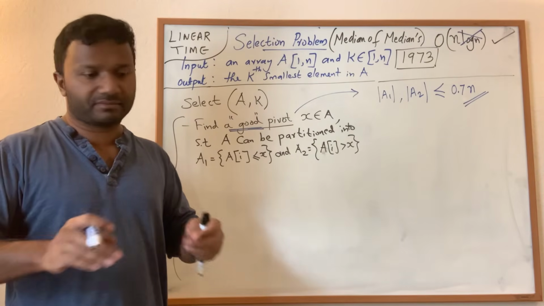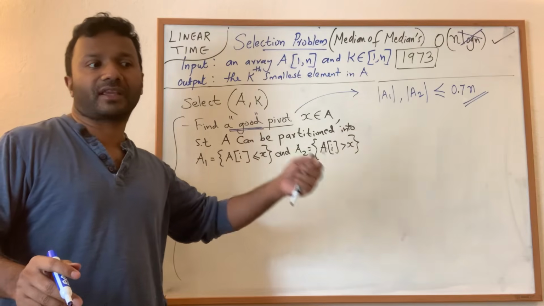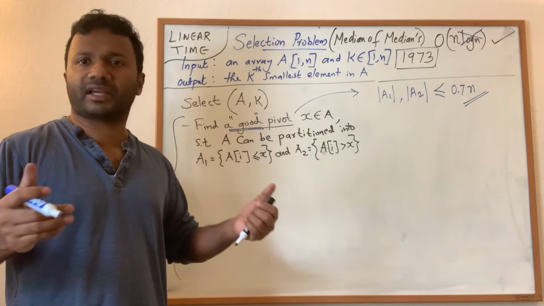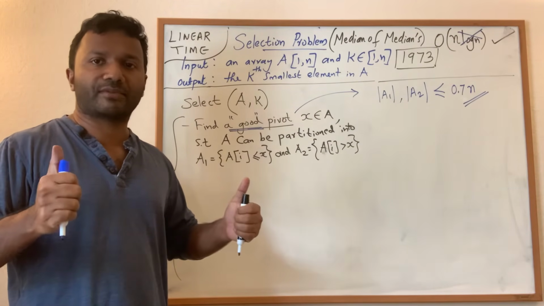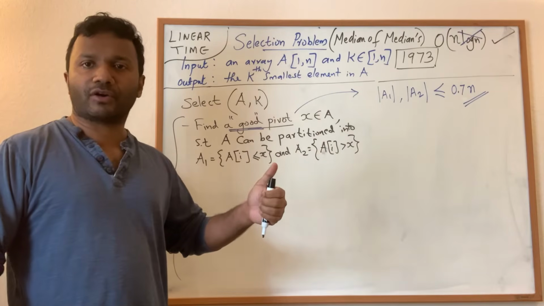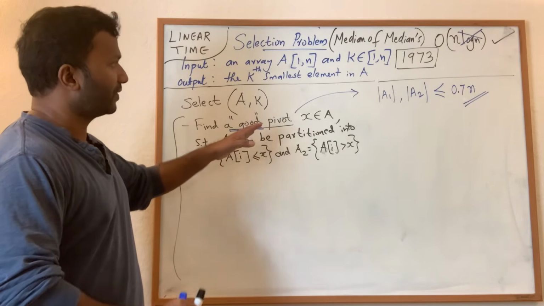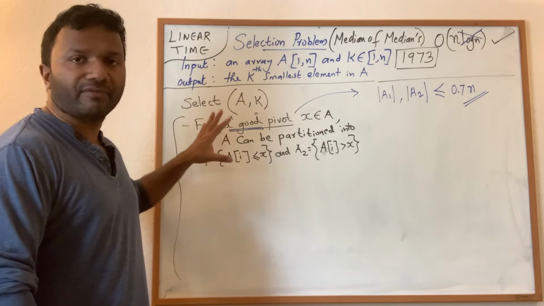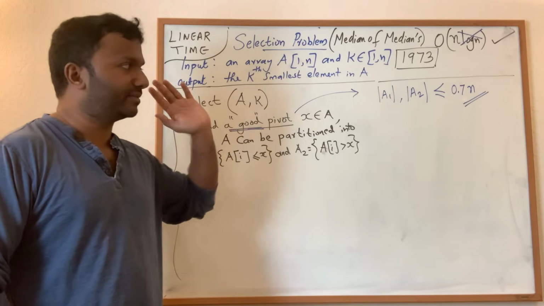When I partition, I'm happy if I can partition 50-50. It's okay if I can partition as 60-40. 60 on either side, I'm fine. 70 on one side, 30 on the other side, I'm still cool with it. But 80 on one side and 20 on the other side, no, that is not allowed. Okay, so that's what I mean by a good pivot. And how exactly I will do this step, I will explain later.